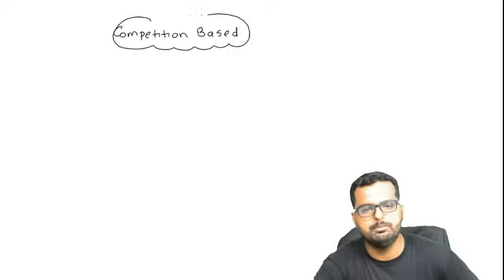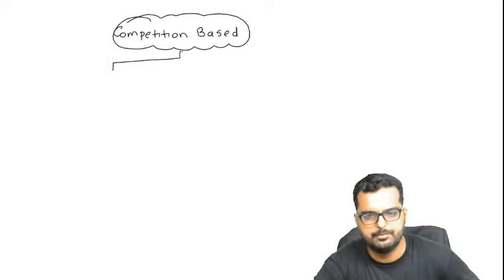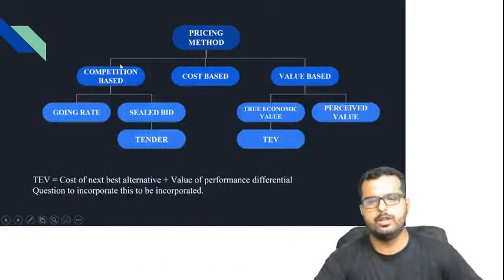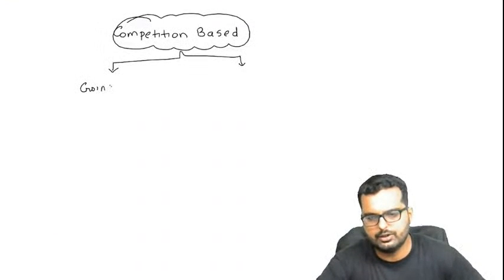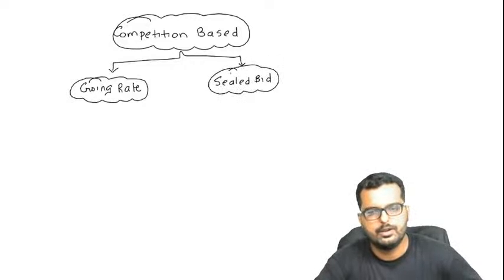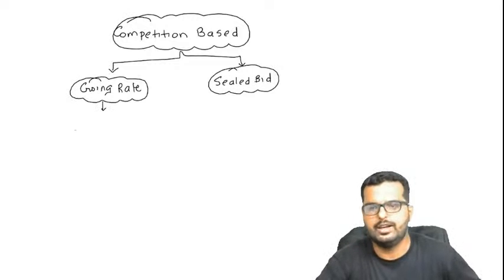Now in competition based pricing, what we actually do is, there are two types of methods which are used. One is going rate pricing and the other one is called as sealed bid pricing. Okay. Now I can give an example for going rate pricing.